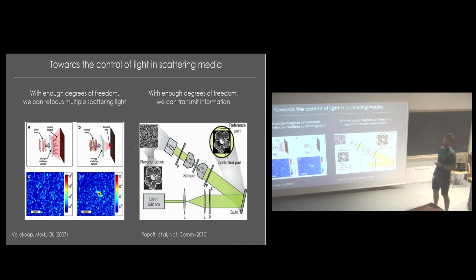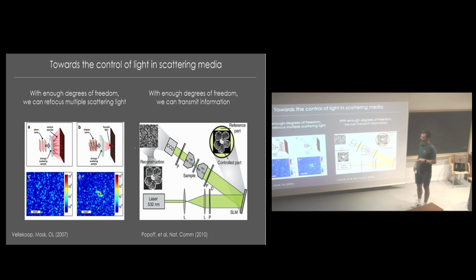But actually, scattering is also deterministic. And if you have enough degrees of freedom, you can use the same device and shape light in order to refocus after a scattering sample. Basically, if you shine a plane wave on a scattering medium, after that, you have a speckle. But if you have a deformable mirror with a high enough number of degrees of freedom, you can refocus after that.